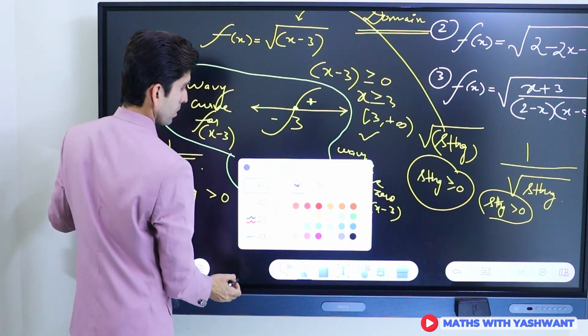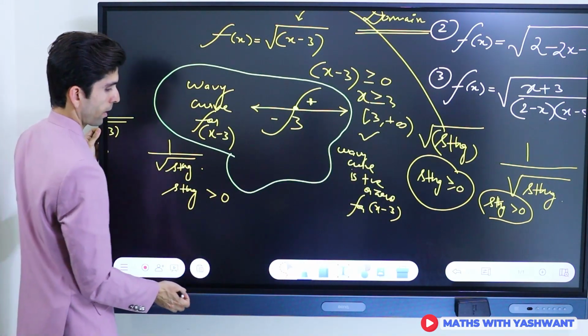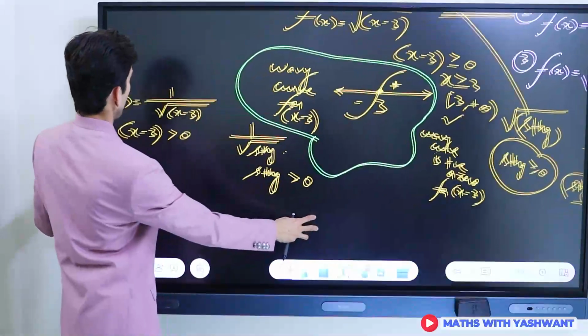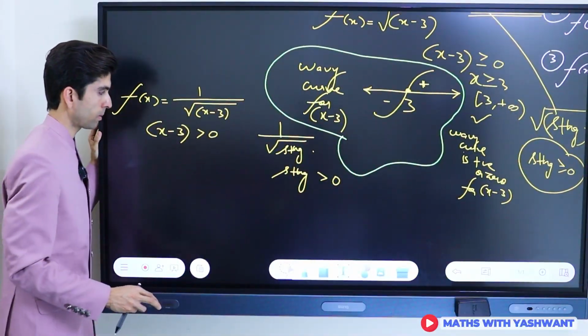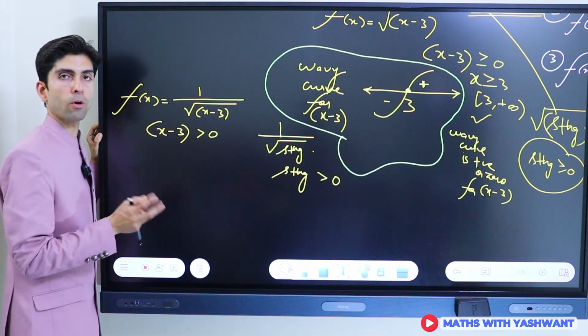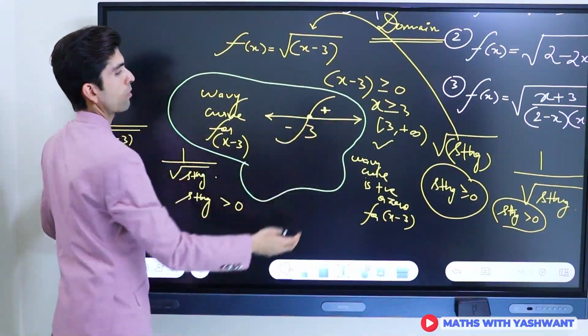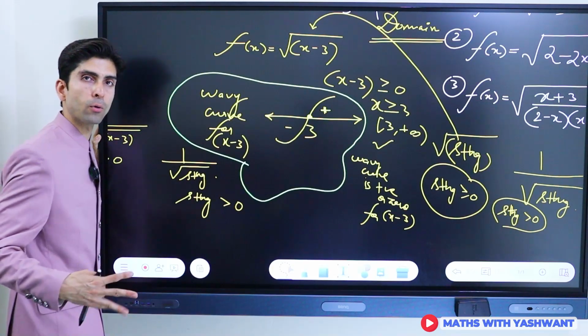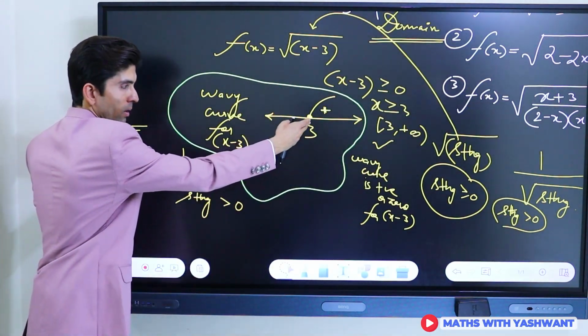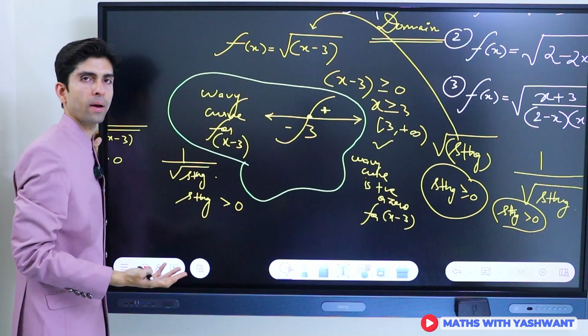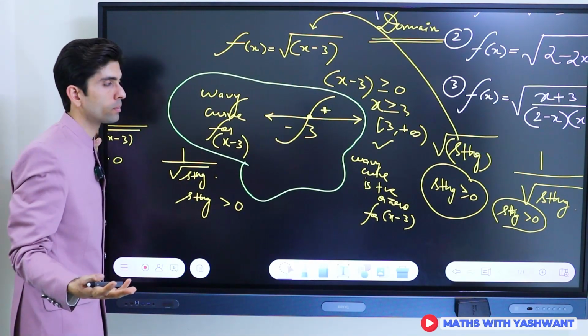Now we are interested only in the positive value, not 0. So if you take any value of x from the right side of 3, excluding 3, because at 3 the wavy curve intersects the number line, so x minus 3 achieves value 0.